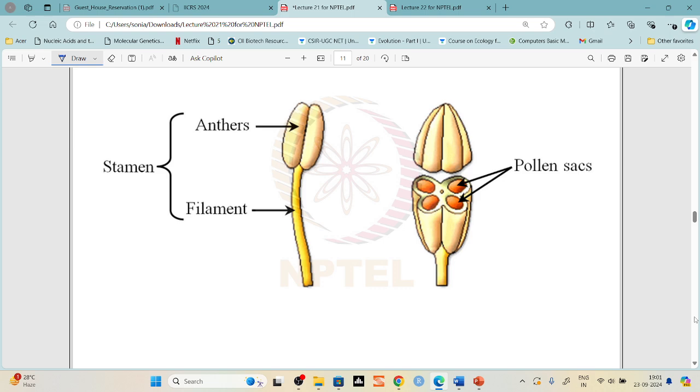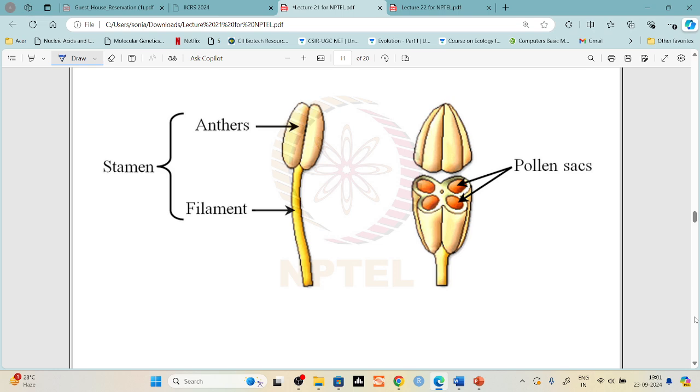But students coming from an animal background need a little basic understanding of the basic terminologies used in plant developmental biology, the structures, the naming, the terminologies.